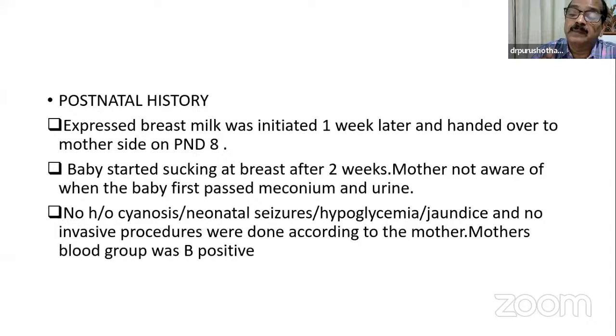Naturally, a 33-weeker may be having a respiratory distress situation, needing varying levels of respiratory support. That doesn't mean that brain injury happened. So the features of the brain injury on day one and the initial days forecast the later neurological problems. So what was the situation on the first day?